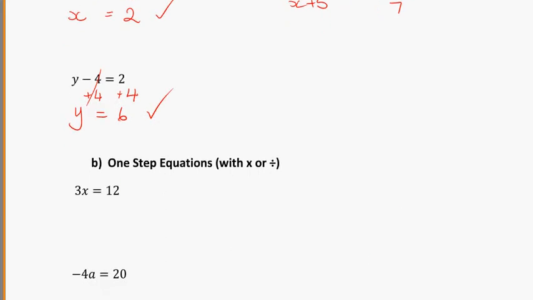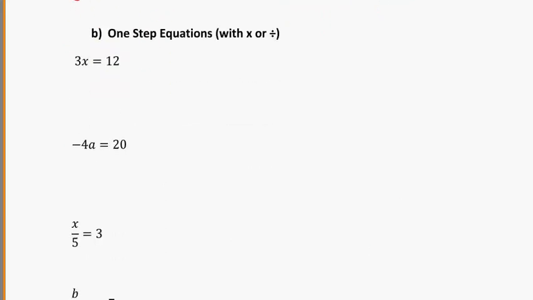Now let's try some one-step equations involving multiplying or dividing. What does the first one mean? It means 3 times a number equals 12. So we're going to undo the times 3 by doing the opposite operation. We're going to divide that side by 3, and so we also have to divide the other side by 3.